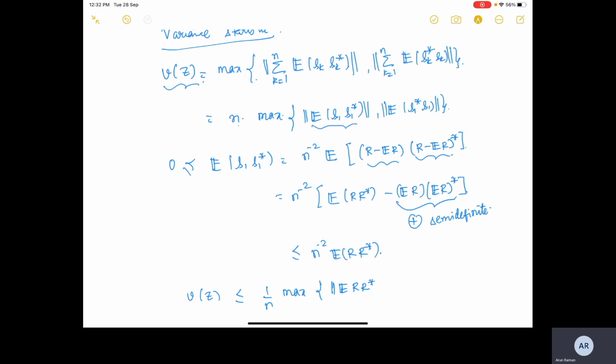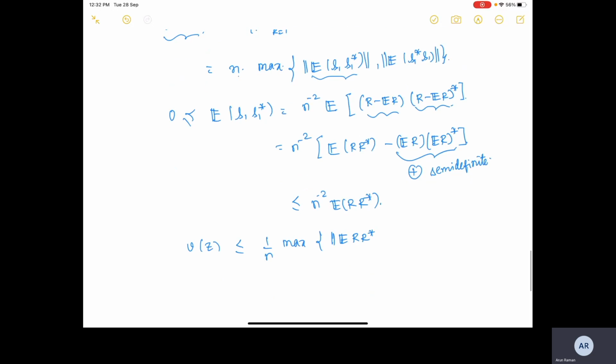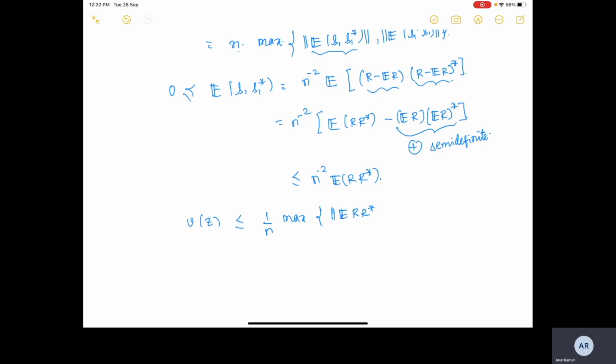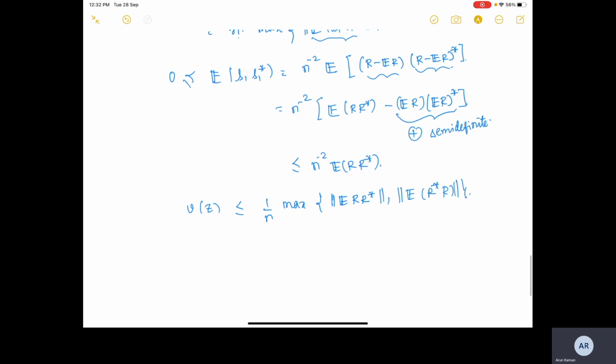Then we approximated expected value of s1 star as n raised to the power minus 2 expected value of r star. So n raised to the power minus 2 and n, we will get 1 by n, and we will replace expected value of s1 star by expected value of r star. And when we do the other way around, we will get the other expression as well, the r conjugate r expression.